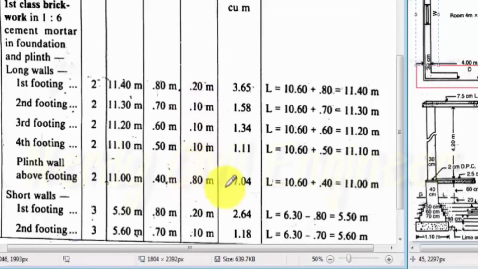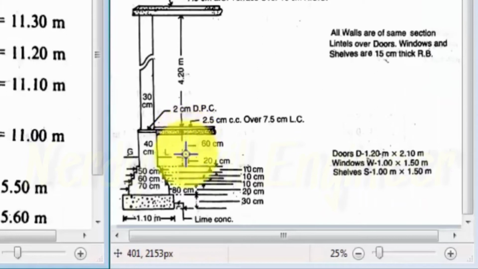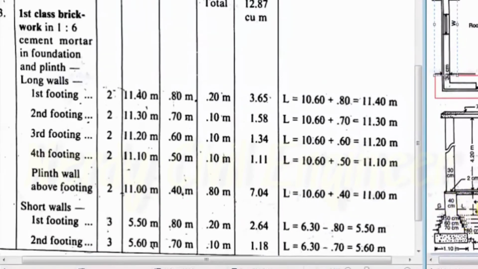and again for short walls considering all the footings and the plinth, but in this case we'll have to deduct the breadth of the foundation or the breadth of the footings from the initial length of the short wall found out center to center. There may be a doubt why we are considering 0.80 meter for the plinth wall.